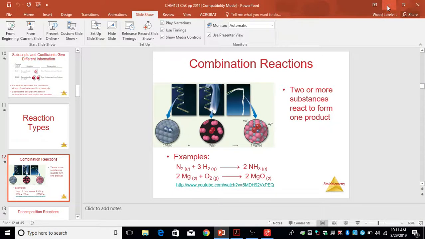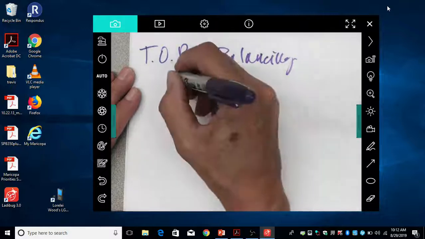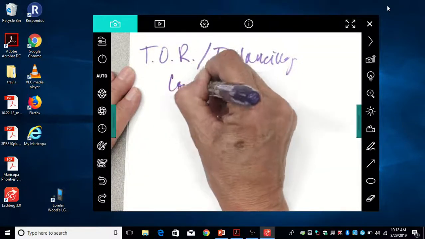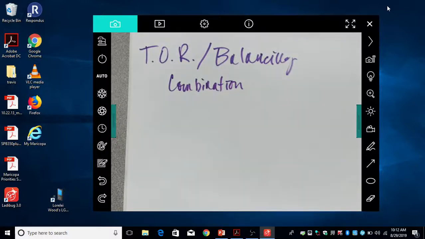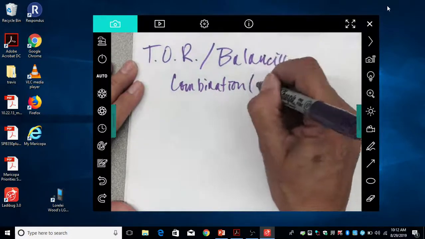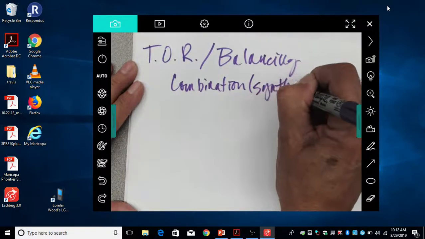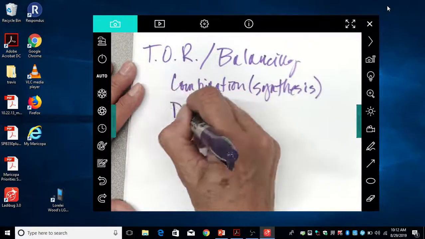All right. So I'm going to go to types of reactions over here. There's 5 basic types of chemical reactions. And you will have to, on the first exam, classify reactions as to one of these 5 types. The first type is combination. Biologists, they like their own word, synthesis. There is decomposition.